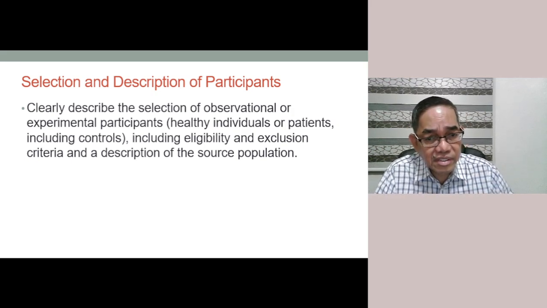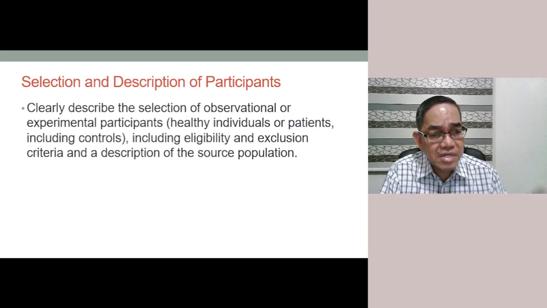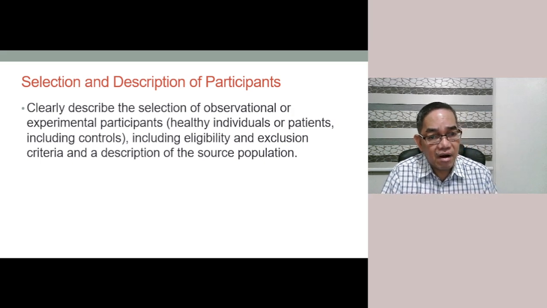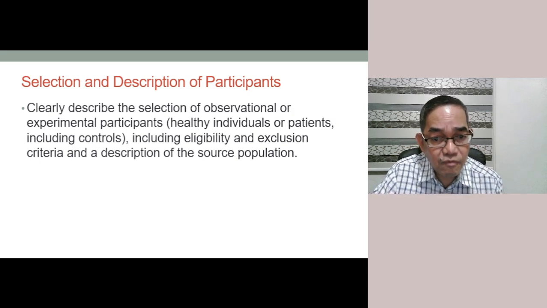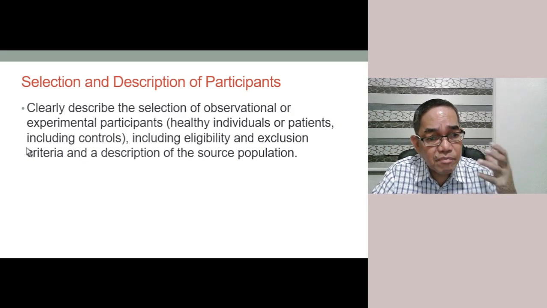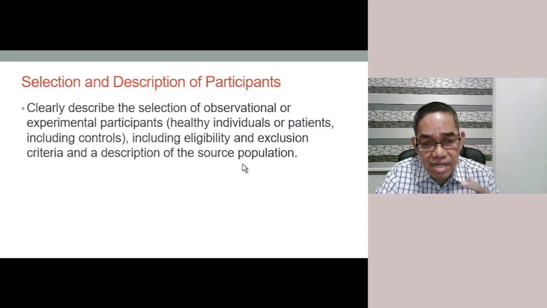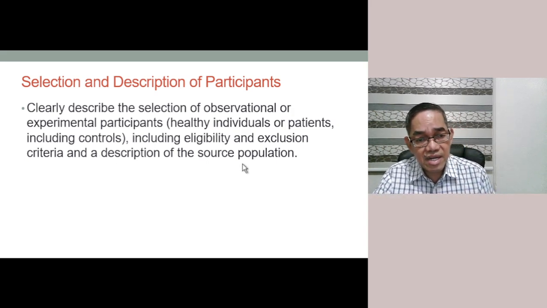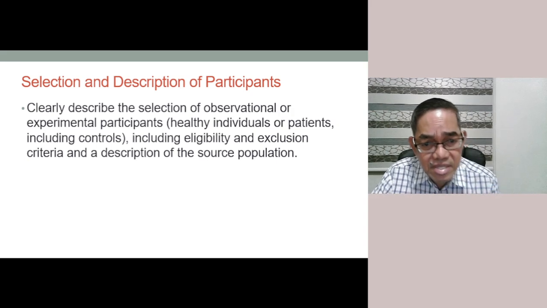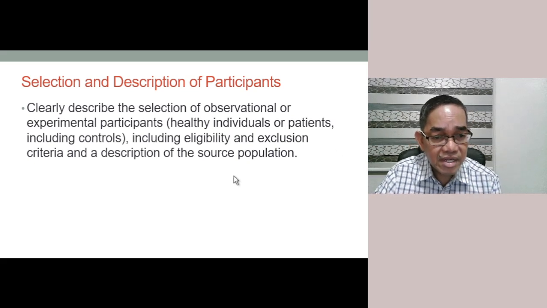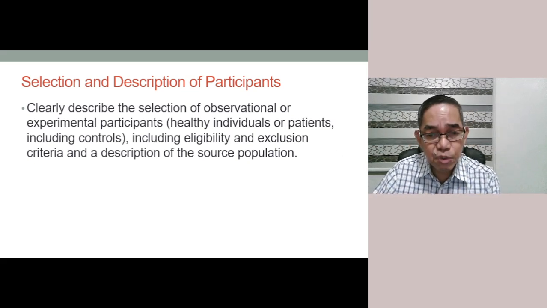The selection and description of the participants should be clearly described. You can talk of if they are healthy individuals or patients or controls. They have to be described, including the eligibility criteria. When we talk of the eligibility criteria, we talk of the inclusion and the exclusion criteria, and of course the description of the source population.